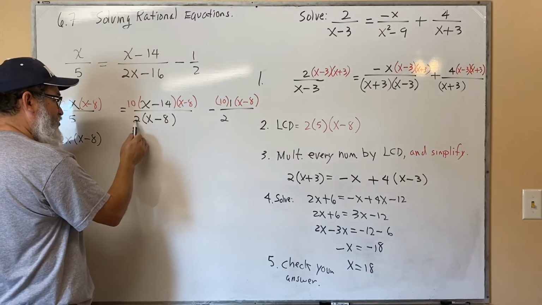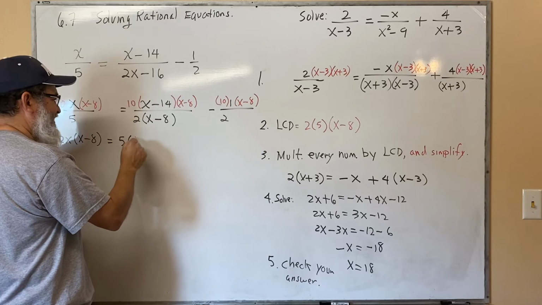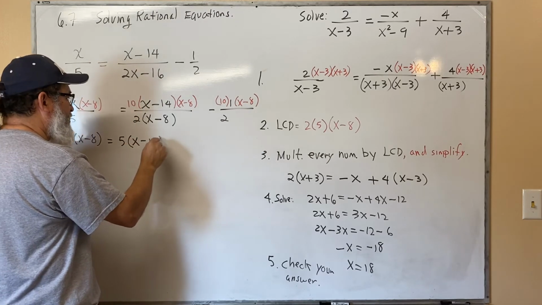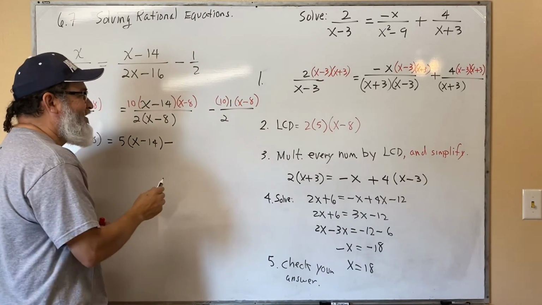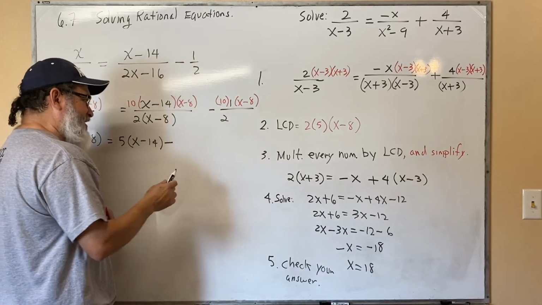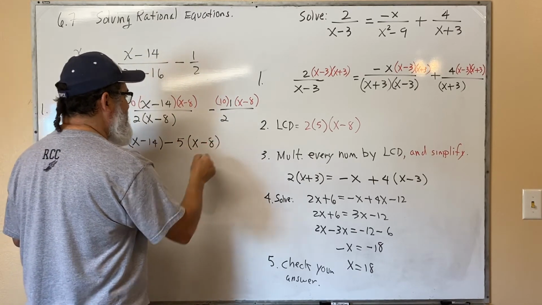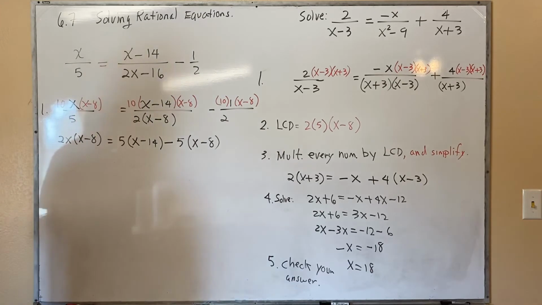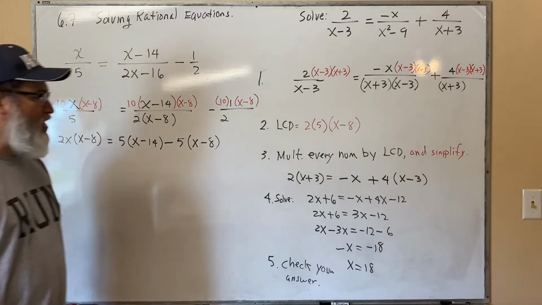The 2 goes into the 10 5 times. 5 times x minus 14, minus. The 2 goes into the 10 5 times, 5 times x minus 8. There you go. And now we're going to solve.